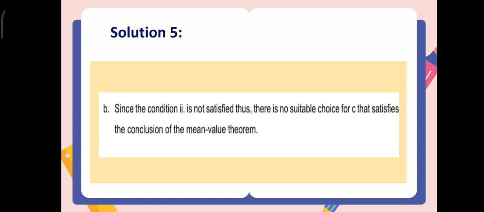Why? As I said, since condition 2 is not satisfied, there is no suitable choice for C that satisfies the conclusion of the mean value theorem. Let us show the graph to further understand that there is no point in which the tangent line is parallel to the secant line.